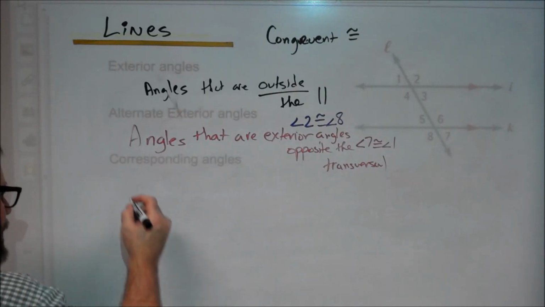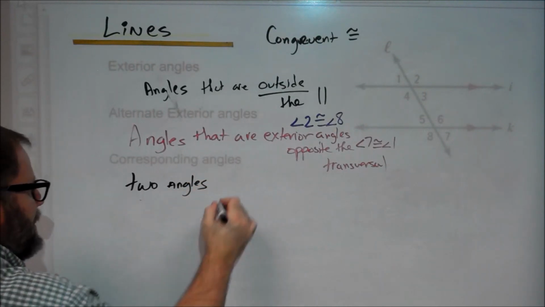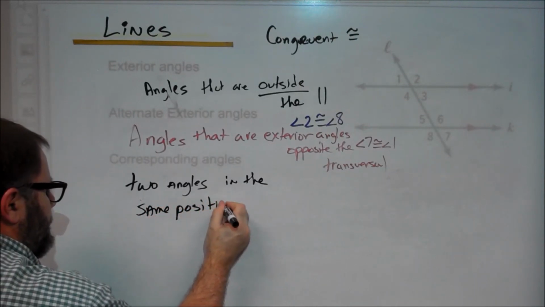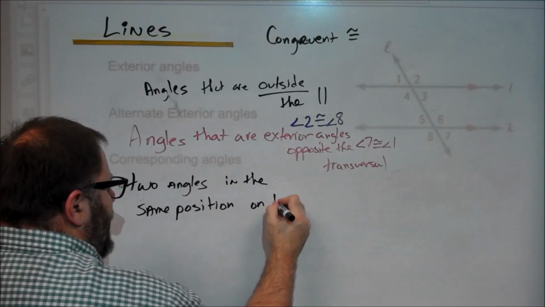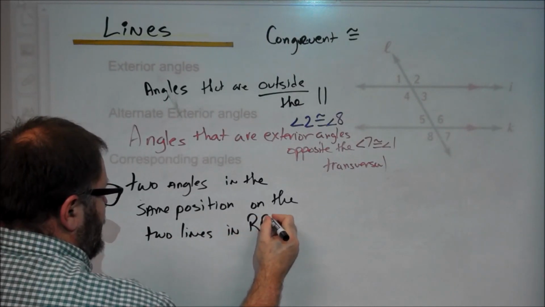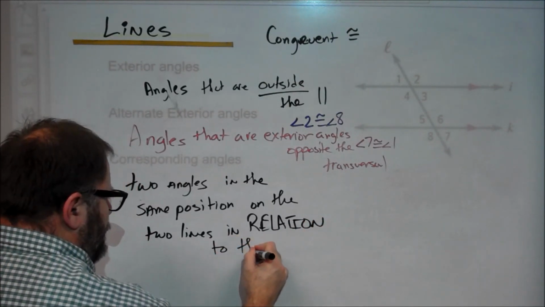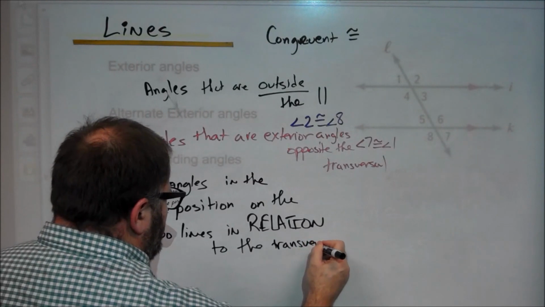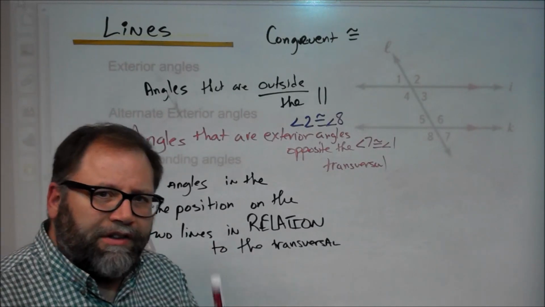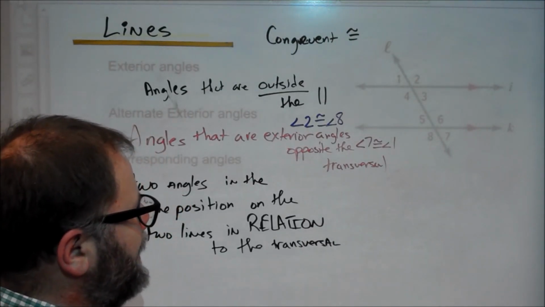So corresponding angles are 2 angles in the same position on the 2 lines in relation to the transversal. Please try that at your dinner table tonight and see how that goes over.